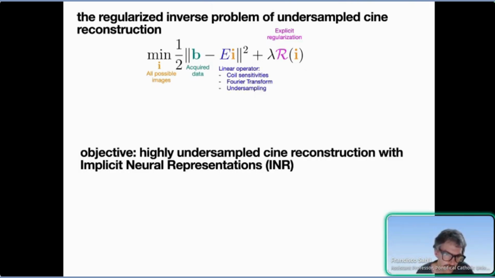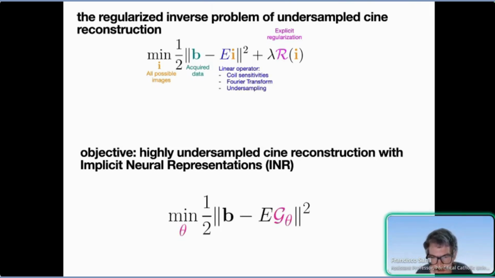So what we are trying to do here is to reconstruct these highly undersampled images, but we'll use a technique called implicit neural representation, and the idea is very similar to physics-informed neural networks. Here we will represent the image with a neural network. Instead of optimizing the pixels, we will actually optimize the parameters of a neural network.